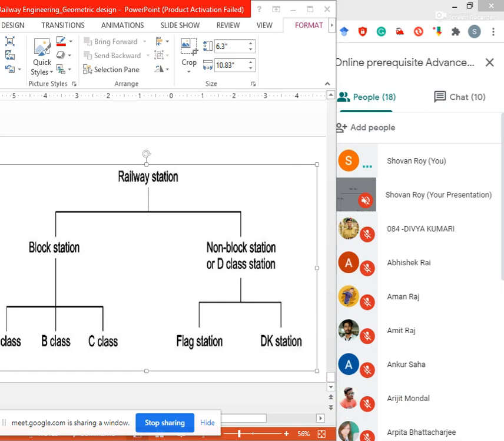When we talk about operational considerations, as per the general and subsidiary rules of Indian Railways, stations are classified into block stations and non-block stations. Block stations are further classified into A class, B class and C class stations, and non-block stations are classified into D class or flag stations. From this diagram you can see how the railway stations are divided.